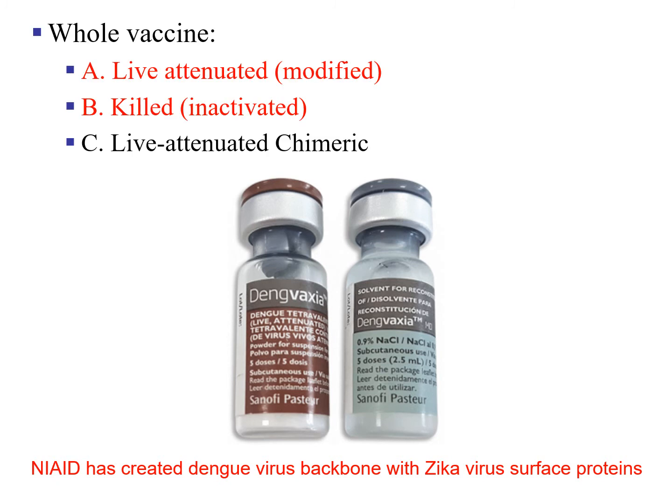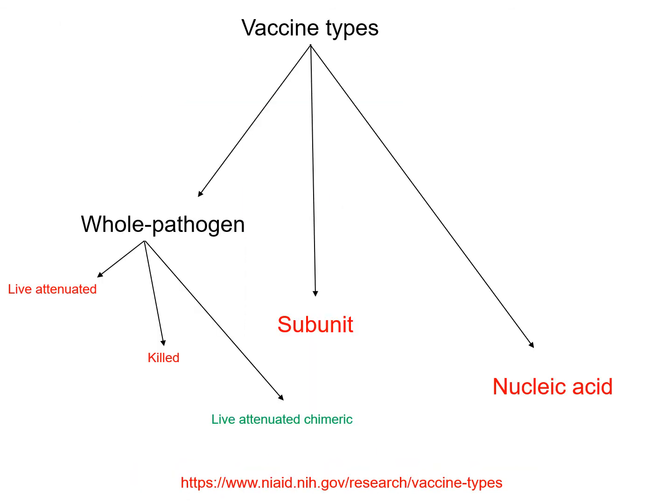So now we're going to look at some live attenuated chimeric vaccines. Here is the concept map. We're on the final subcategory of whole pathogen.